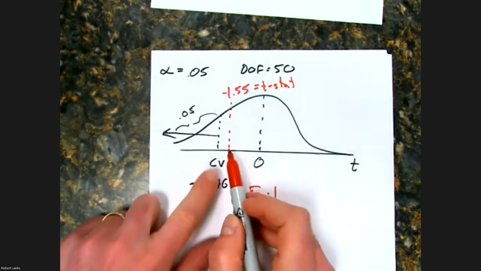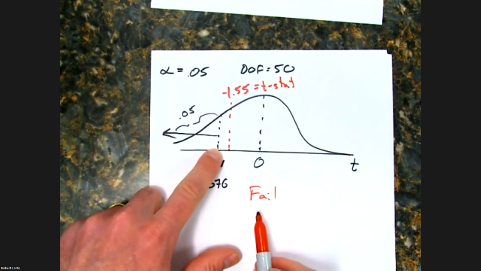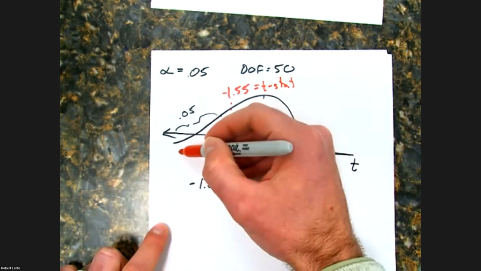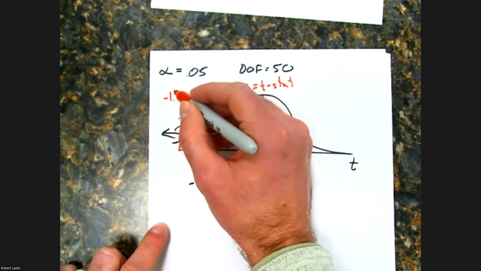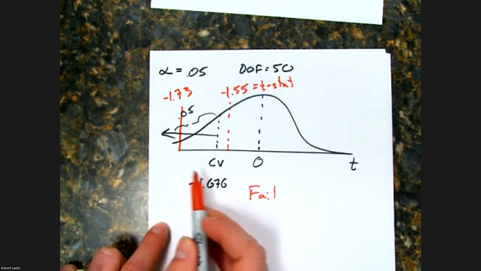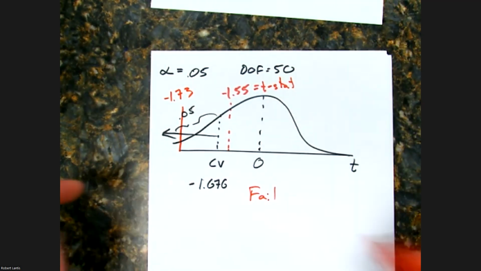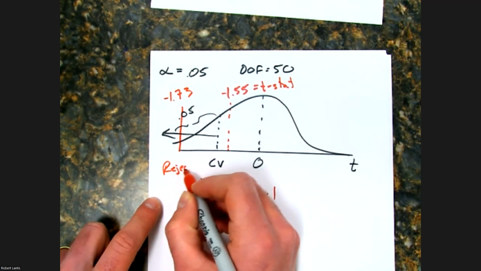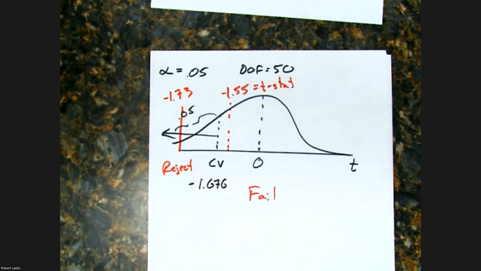So if it's outside that, I fail to reject. If, let's say, the real test statistic was 1.73, well, that one I would have actually rejected the null, because it was past that threshold number of standard deviations away that I was finding for that critical value.